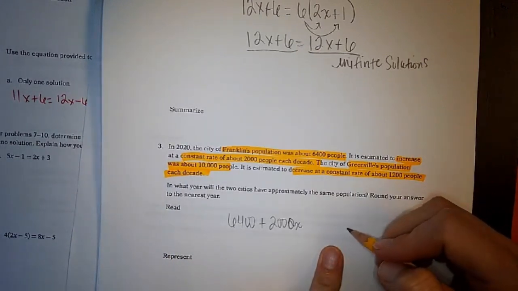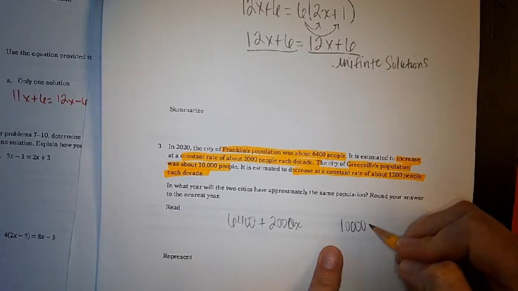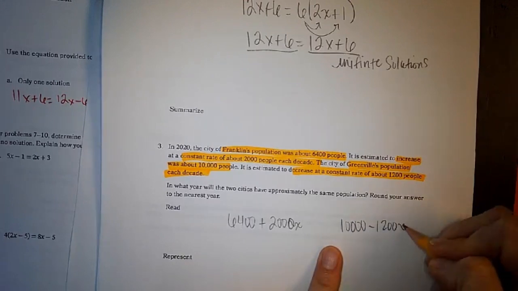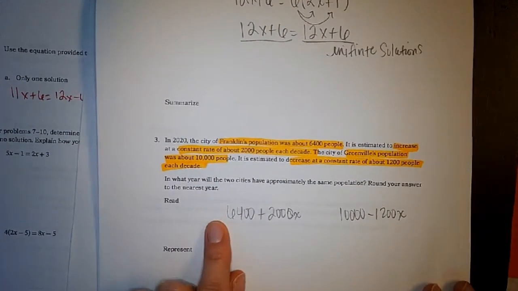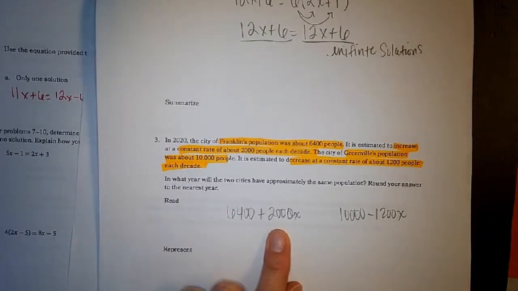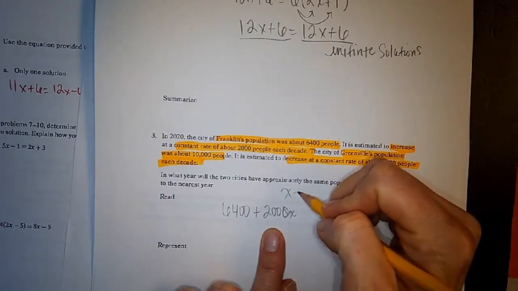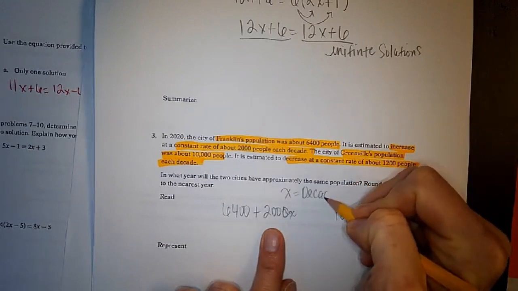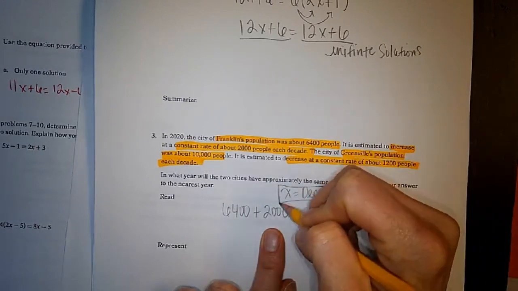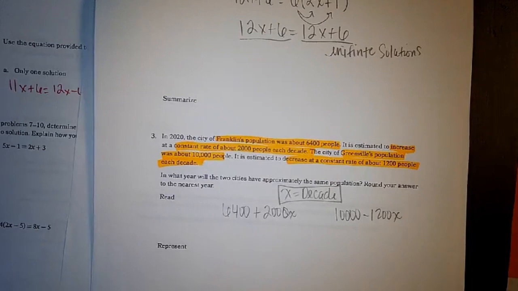Okay, so he's saying we started with 6,400 for Franklin, and then they're growing at 2,000 every decade, right? X is representing our decade. So x equals our decade. We want to make sure that we define our variable, that way we know what we're solving for.